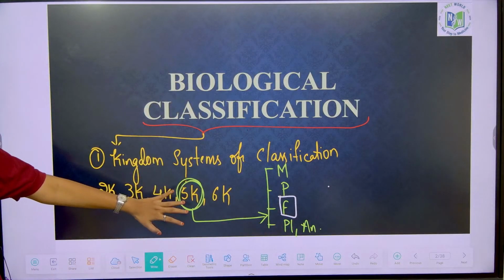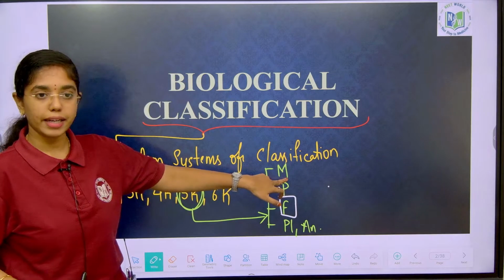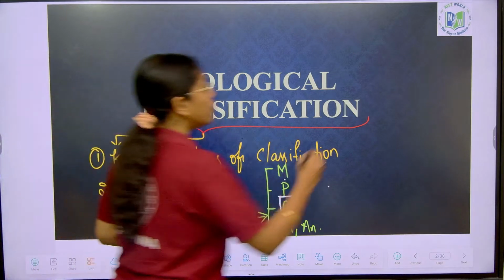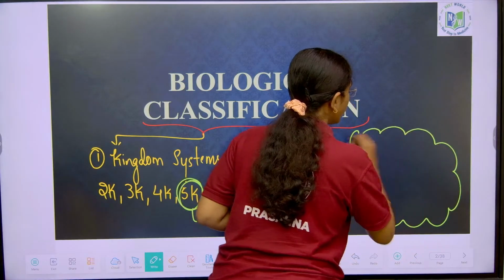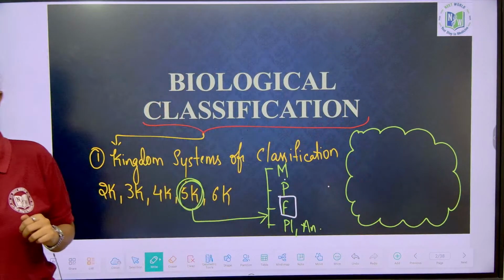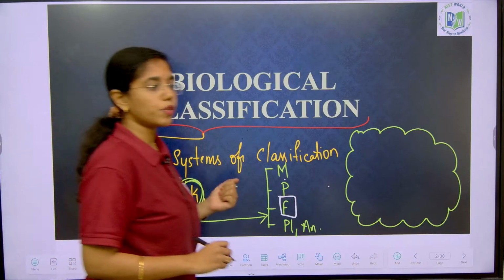After learning this, we will learn every kingdom in detail. After that, we will learn about those organisms which are not included under the 5 kingdom system of classification. What are those organisms?